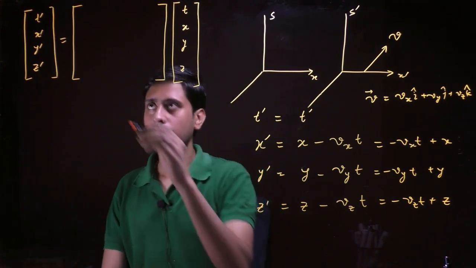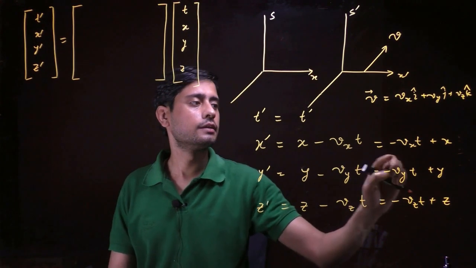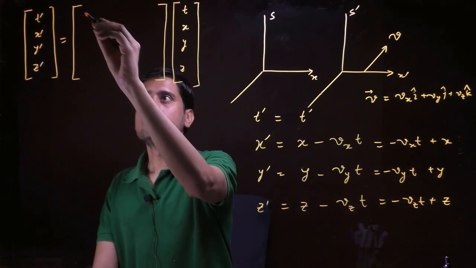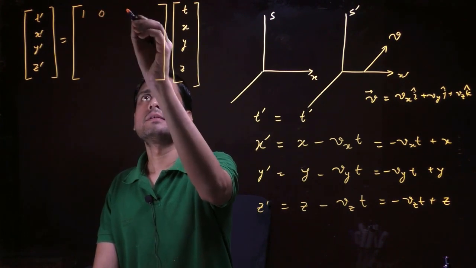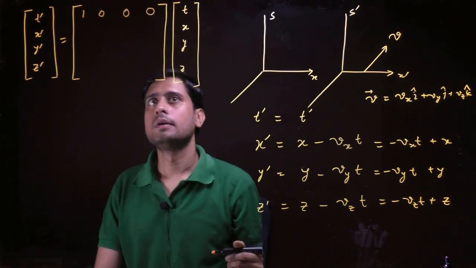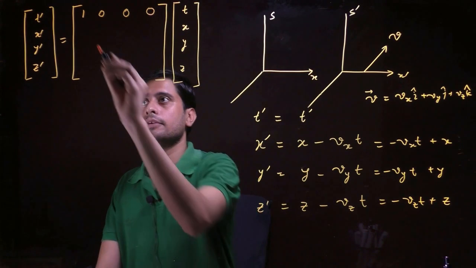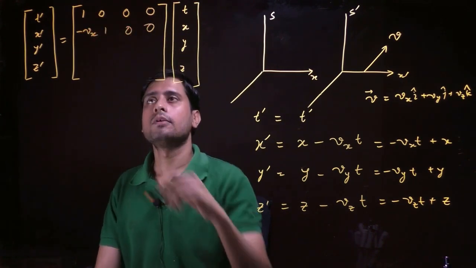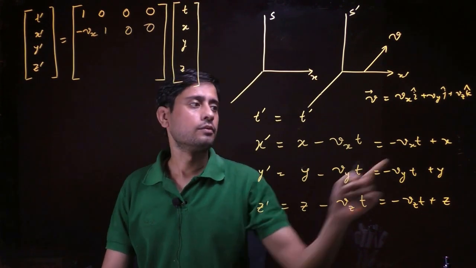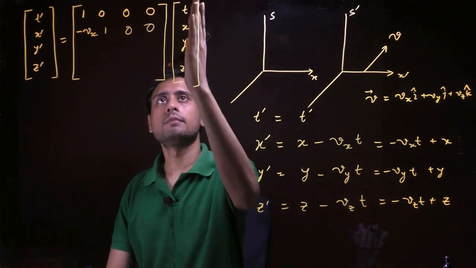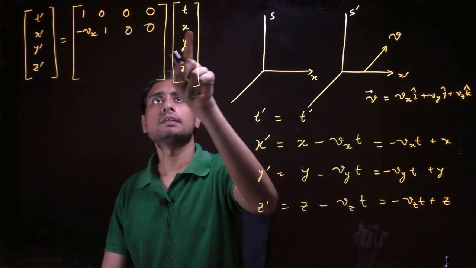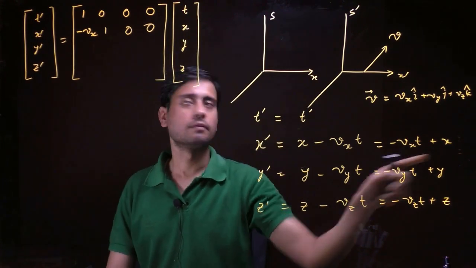So now we have to get this from the matrix. The first thing is that, which is same. Now for x, you will put here minus vx 1 0 0. You will get what you want, as it will be multiplied with this: t into minus vx and x into 1 will give you x.